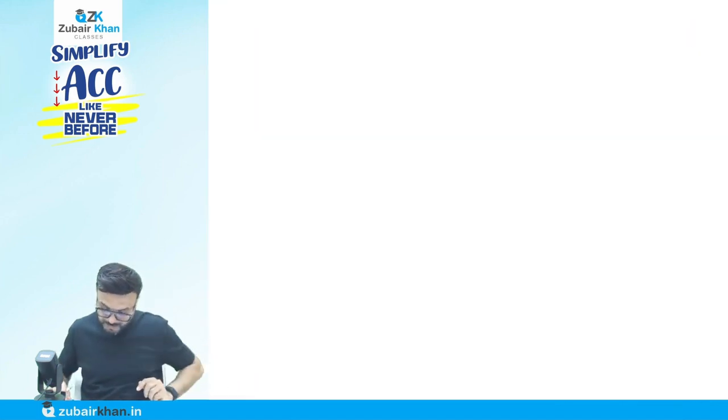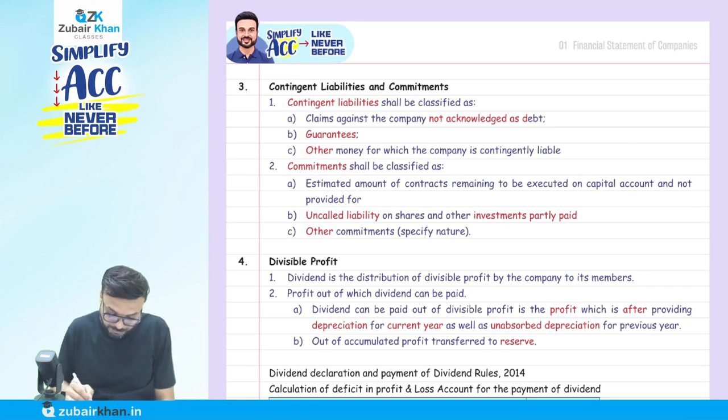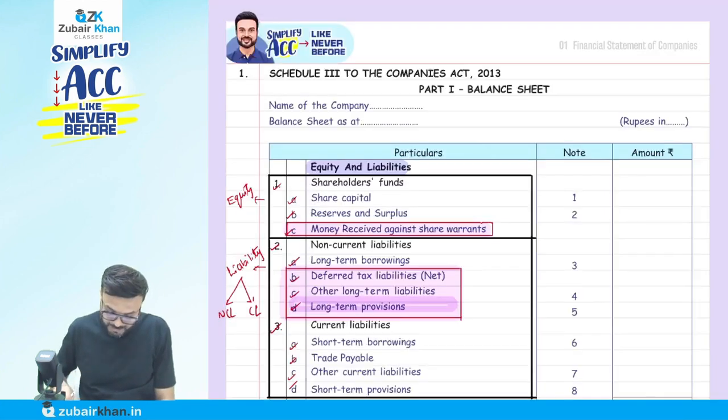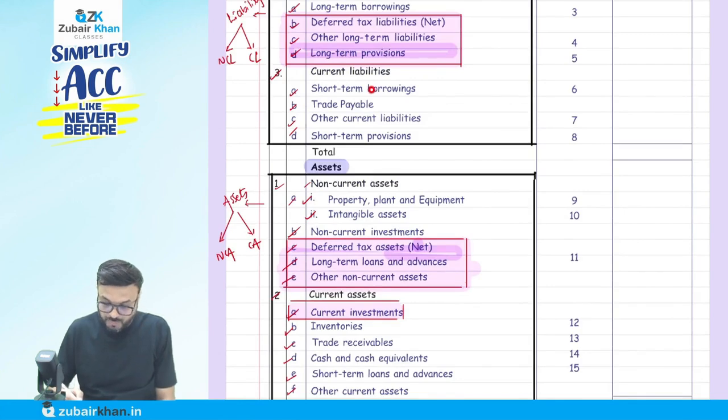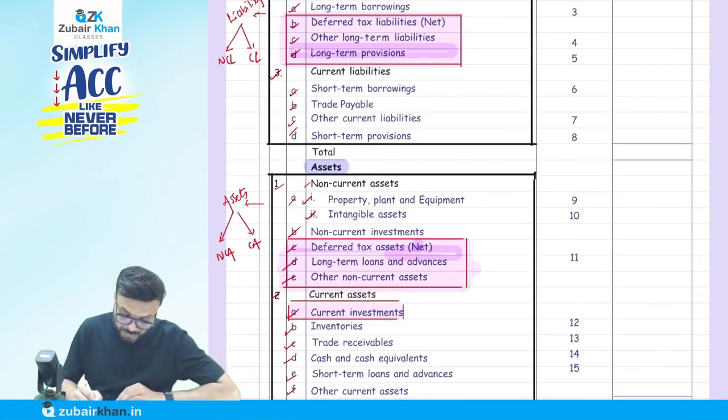Now you can see that these 4 items we are going to write it down. What are the 4 items here now? Short-term borrowing, trade payable, other current liability, and short-term provision.